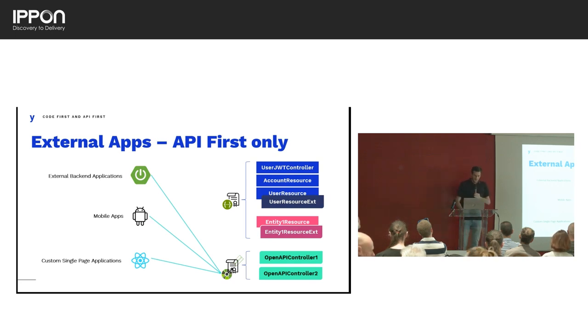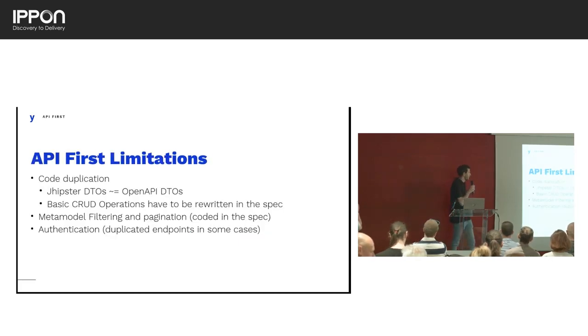Okay. Of course, this last approach has a lot of limitations if you think about the benefits of JHipster, because you might need to recode and define the DTOs again. Basic CRUD operations you might need from the CRUD stack have to be recoded in the specifications.